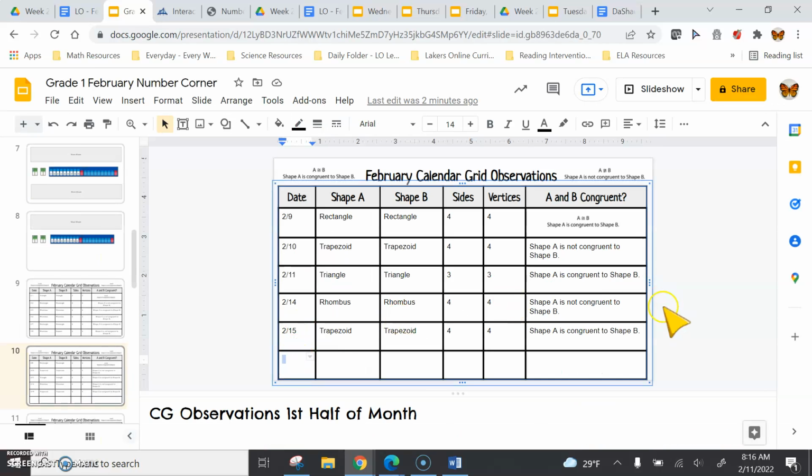So here we go. We'll put today's date, triangle. We'll put 3 sides, 3 vertices, and shape A is not congruent to shape B.